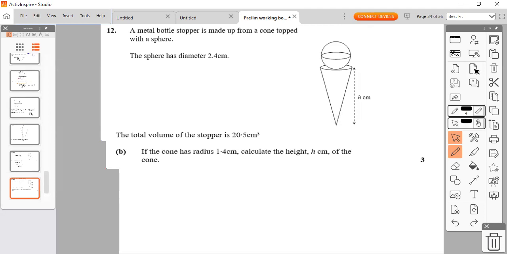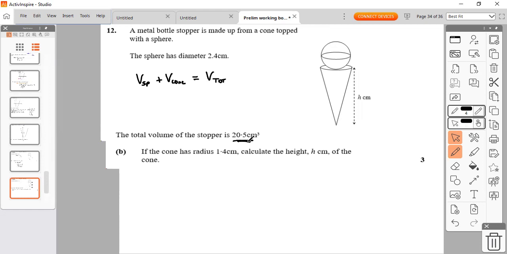Total volume of the stopper is 20.5 centimetres cubed. If the cone has a radius of 1.4, calculate the height of the cone. So the total volume of that stopper, the sphere plus the cone, is 20.5. So volume of the sphere plus volume of the cone equals the total volume.